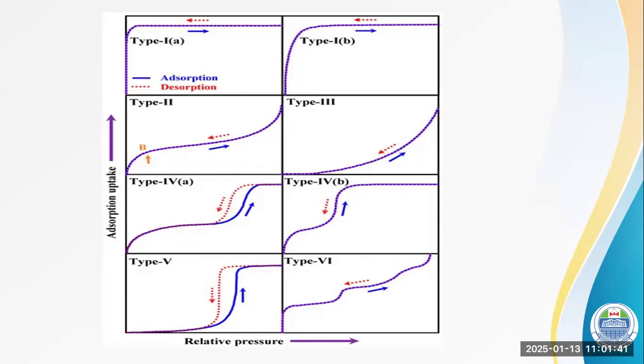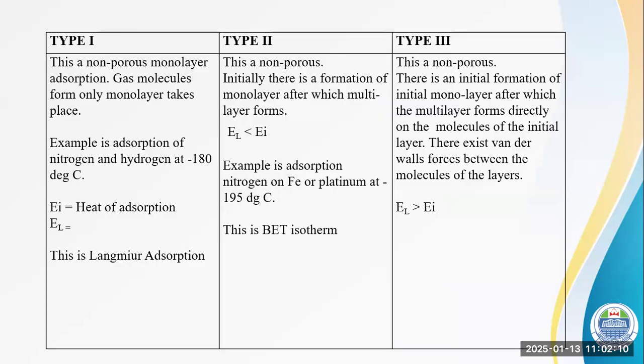Okay, so look up each of these isotherm types and try to understand. I believe we have done this, but still go through it. Try to understand the formation of the monolayers and the multilayers as well.